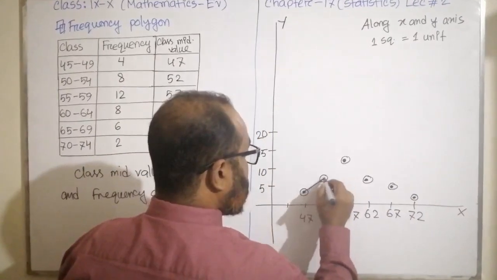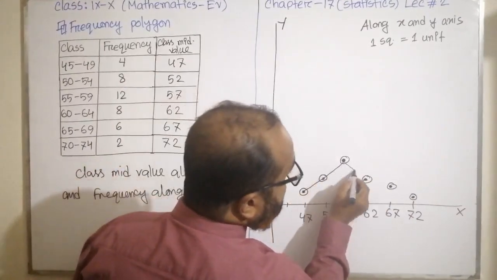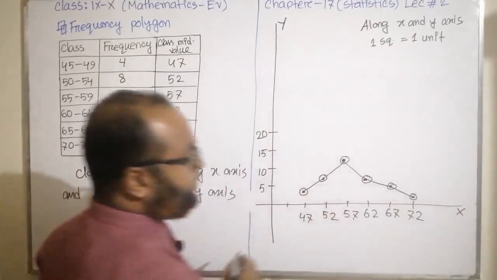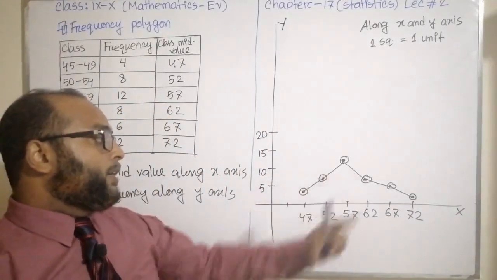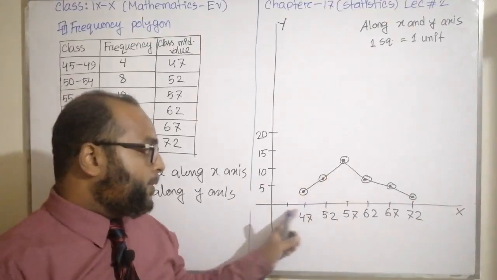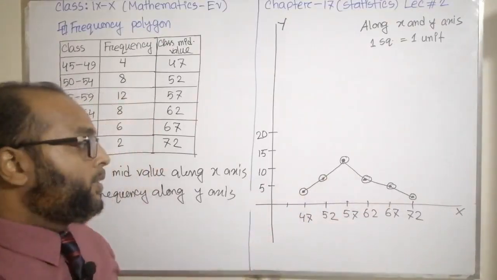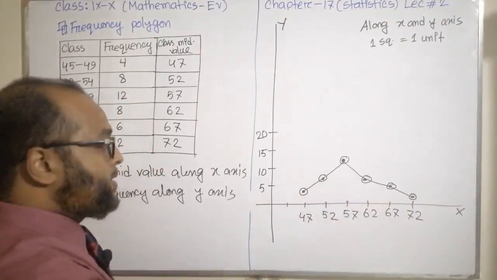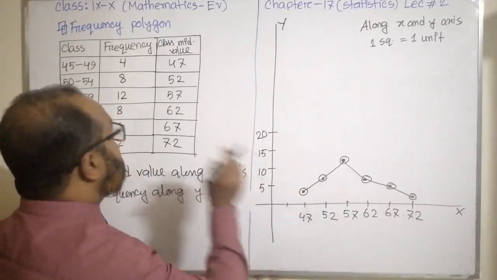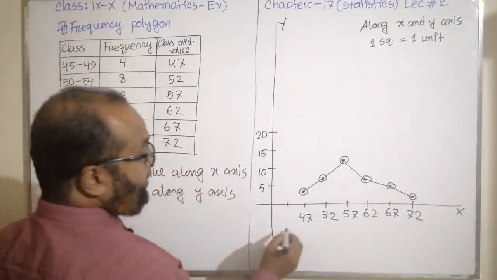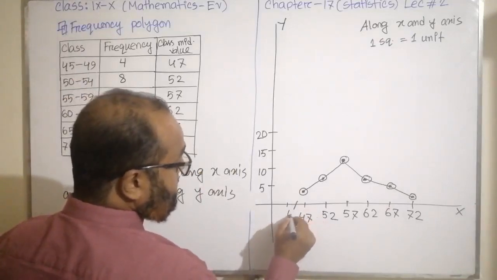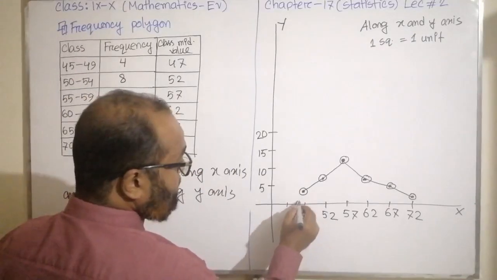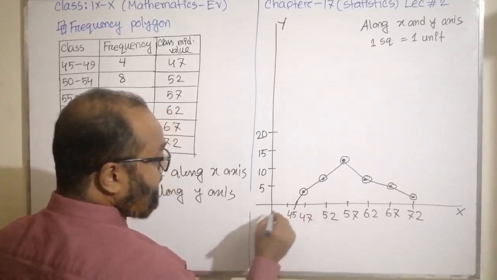Join these points by your free hand. Now we have to join the first part and last part to the x-axis. The first part we have to join at 45. This is 47, here this is 45, so we join this at 45.